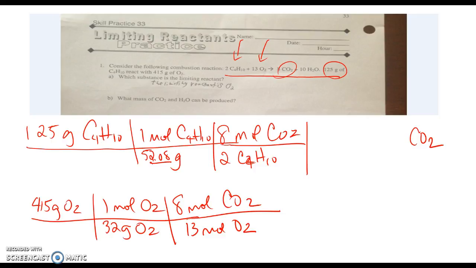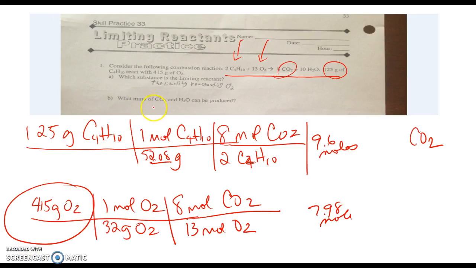If I calculate 125 times 8 divided by 58.14 divided by 2, this tells me about 9.6 moles of CO2. Down here, this tells me 7.98 moles. So O2 is the limiting reactant.